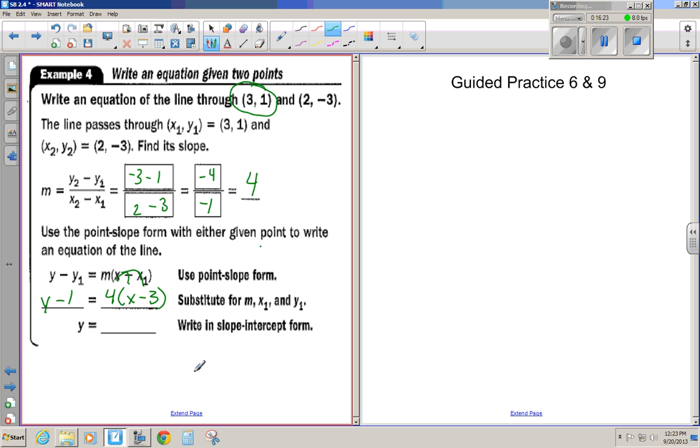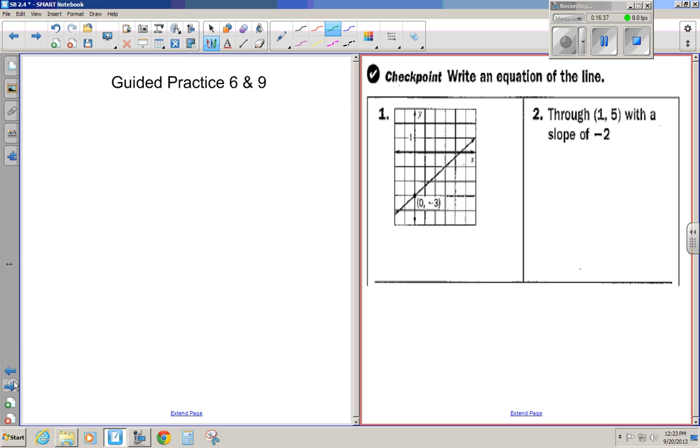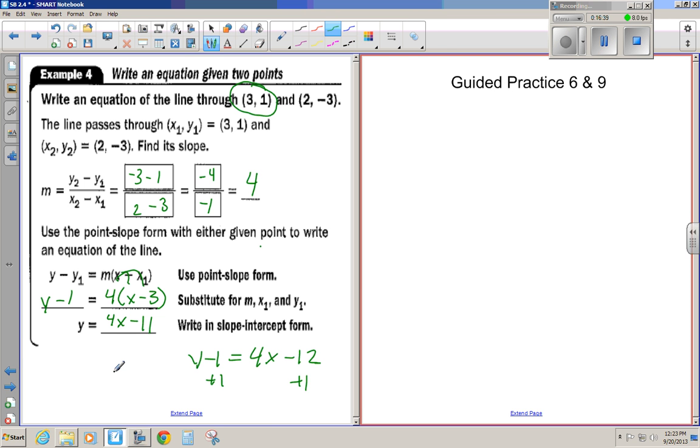Distribute: y minus 1 equals 4x minus 12. And then add 1 to both sides. So y equals 4x minus 11. All right, take a look at 6 and 9.